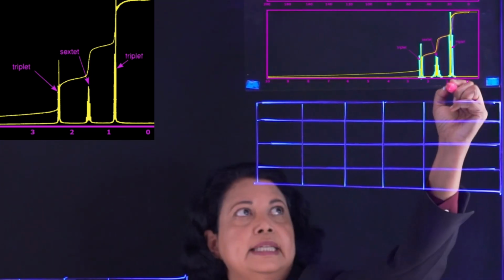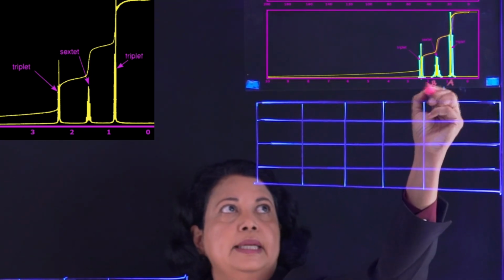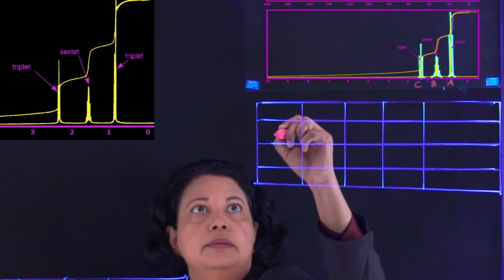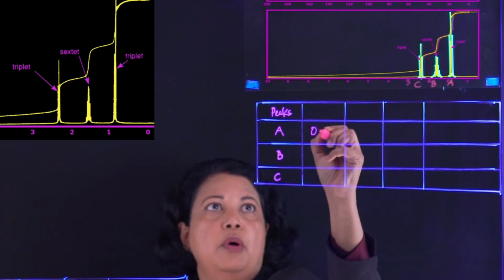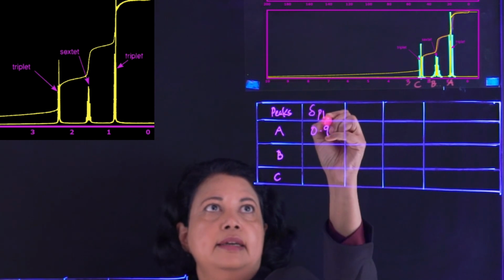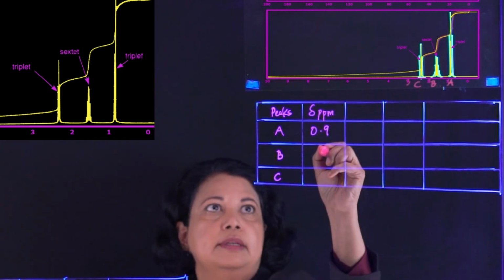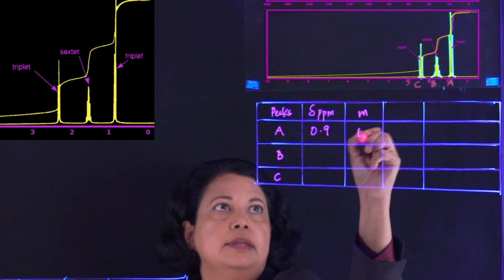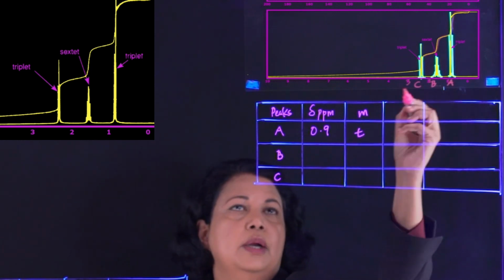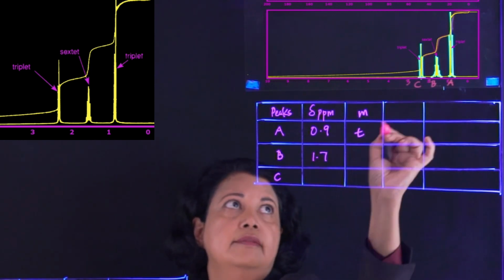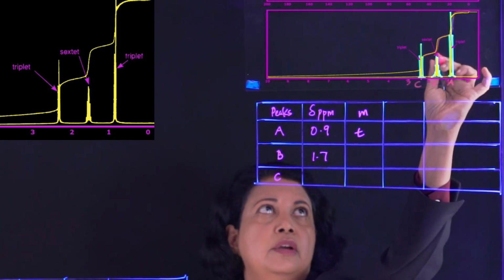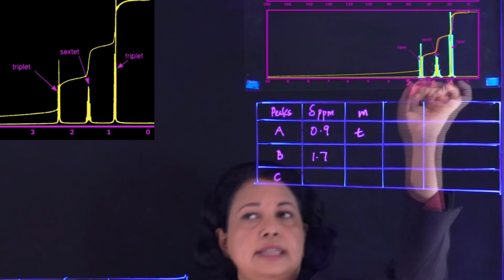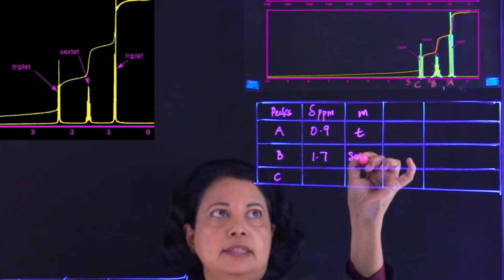Here are 3 peaks. Let's do the same thing, A, B, C. So you have 3 peaks here, one around 0.9 delta. You have a triplet, a very nice triplet. At around 1.7, you have a beautiful sextet.